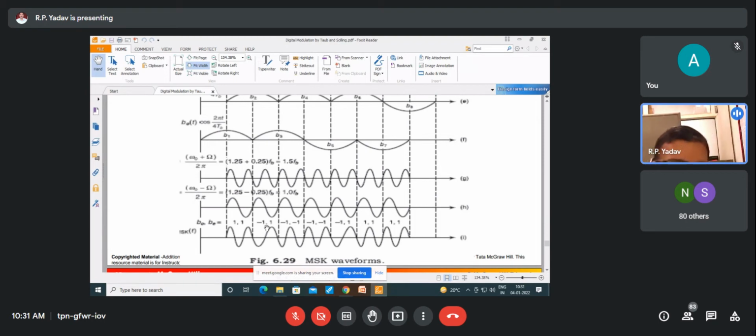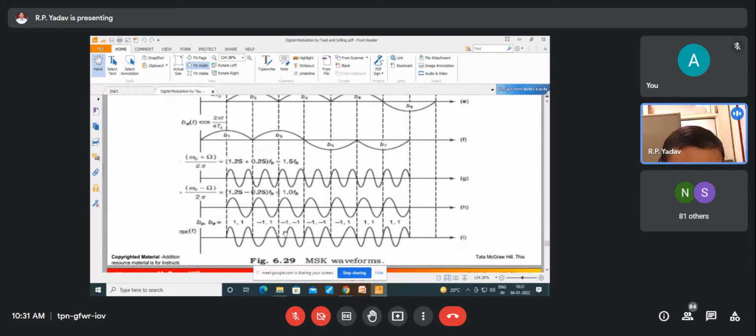Likewise, if I am transmitting, let's say, my B odd is -1 and B even is 1, I'll be transmitting this kind of carrier. So rather than any abrupt variations, I'm now transmitting frequency carriers that carry forward my information.